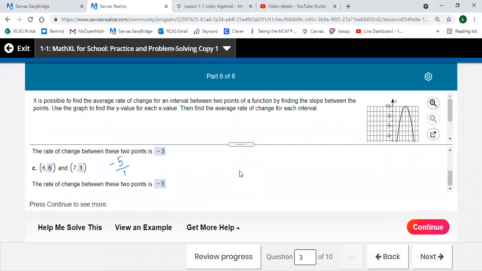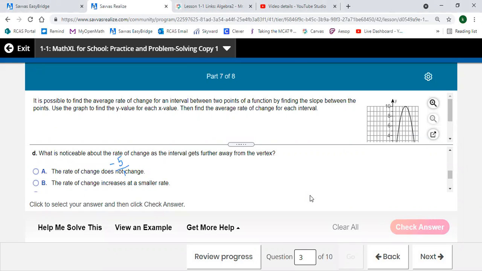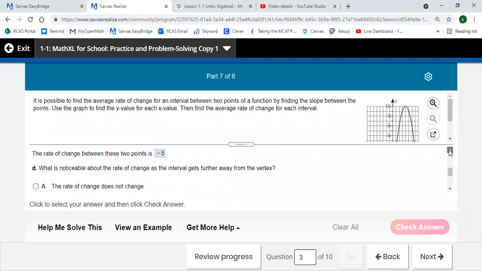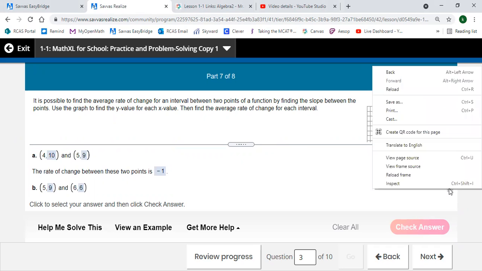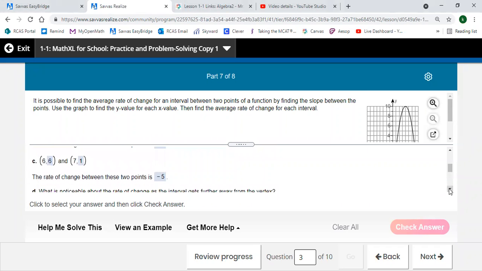All right, now we have a couple of just general questions that they want to ask next. The first one says, what is noticeable about the rate of change as the interval got further away? So if you came back up here, your rates of change went from -1 to -3 to -5.